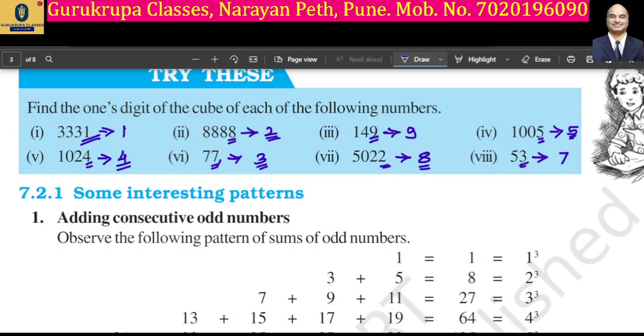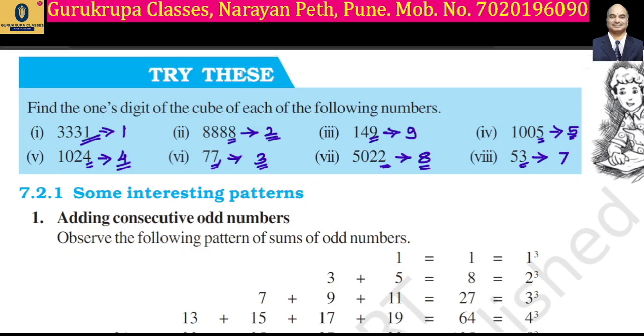So I think you will get this idea that we can observe the digit in the unit place, the ones digit, and then we can find the ones digit in the cube by taking the cubes of the numbers from 1 to 10 or 1 to 9. So I think you can get this idea perfectly, okay.